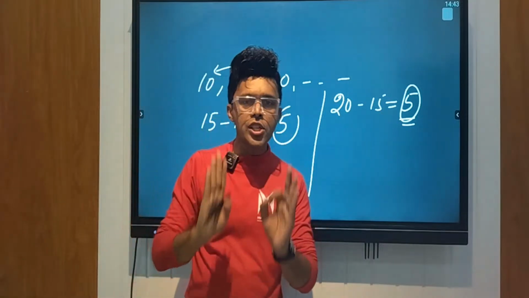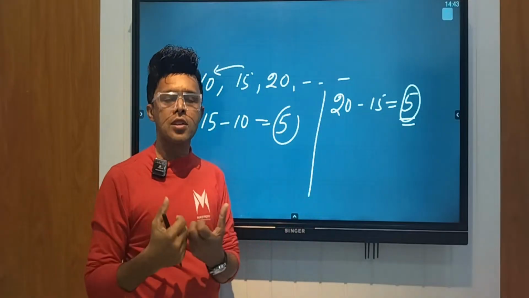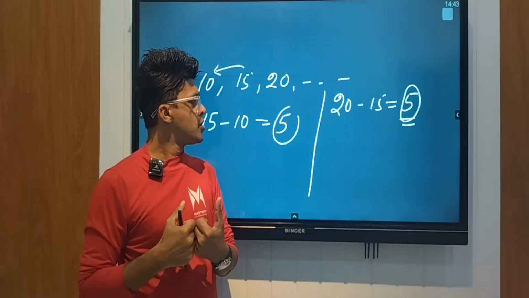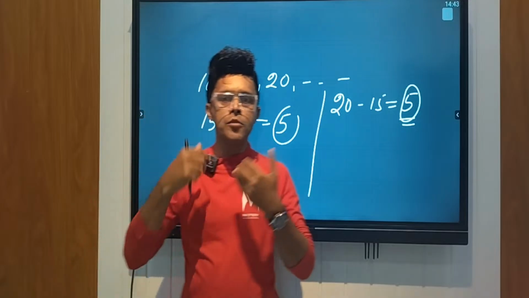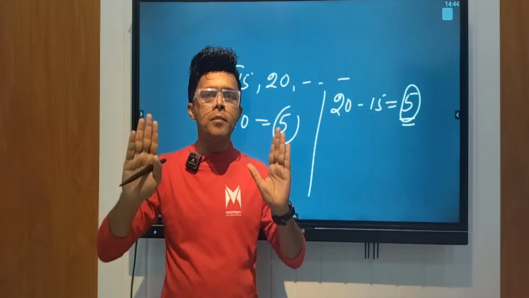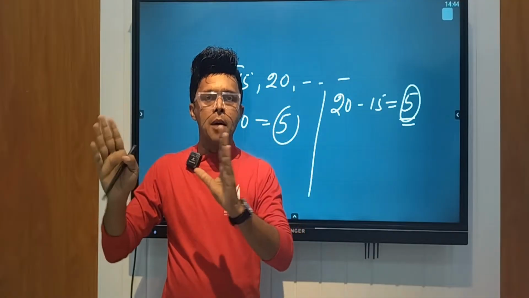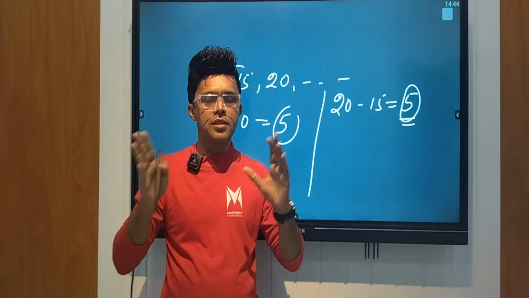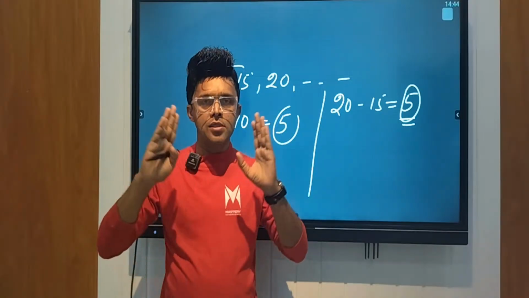So this value we name as the common difference, right? When it comes to number patterns, every time you could observe a common difference in equal number sequences.